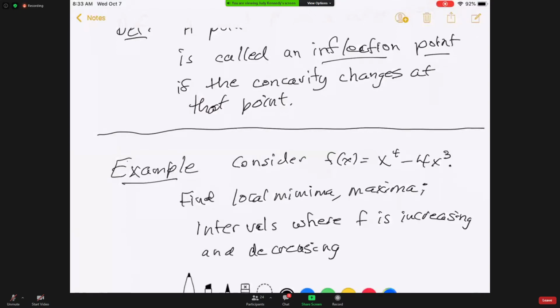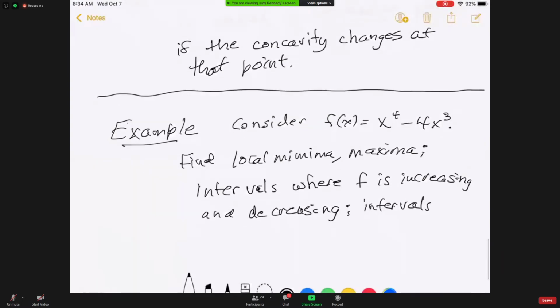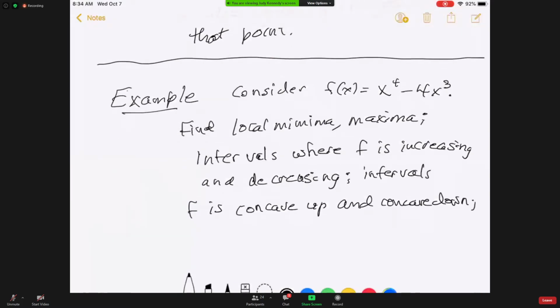And then let's go further to find the intervals where f is concave up and concave down, upward for short, concave up and concave down. And points of inflection. These problems get long.